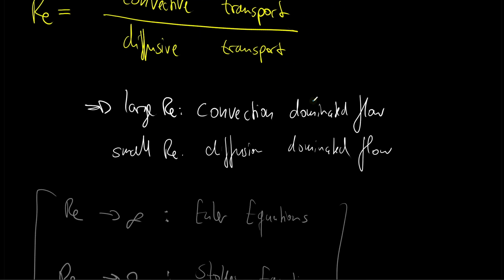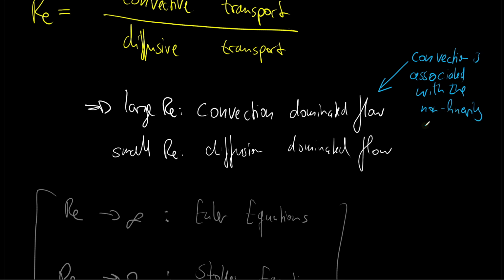So we can add here that for large Reynolds numbers, we have a convection dominated flow, and this is then problematic in terms of direct numerical simulation, because the convection is associated with the nonlinearity, and therefore also the turbulence. And therefore we say for larger Reynolds numbers, we have a more turbulent flow.